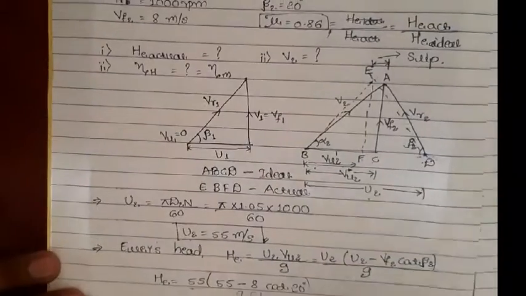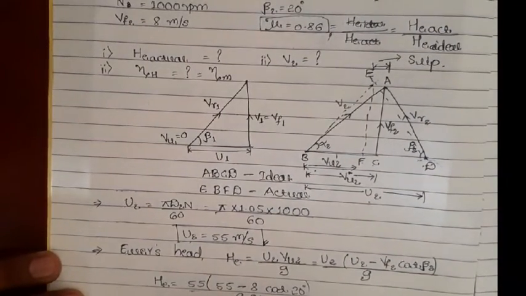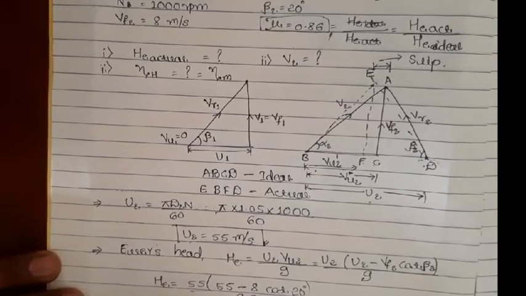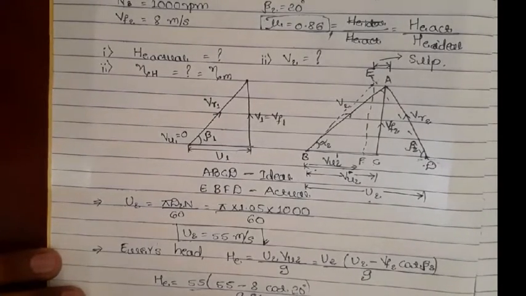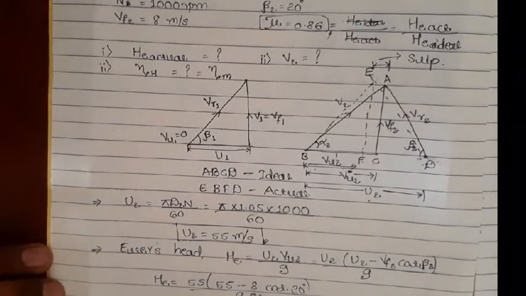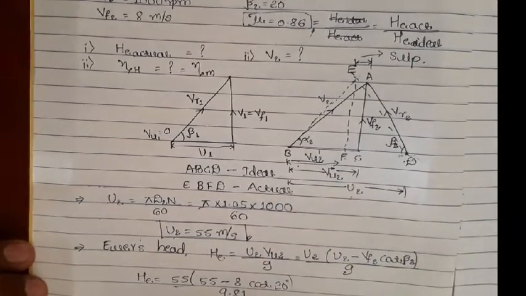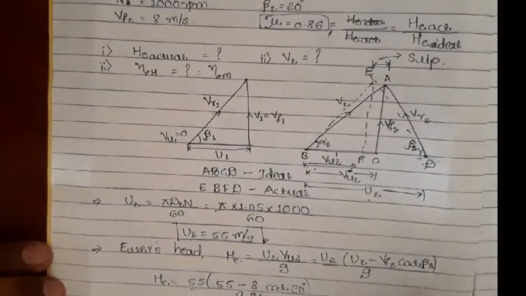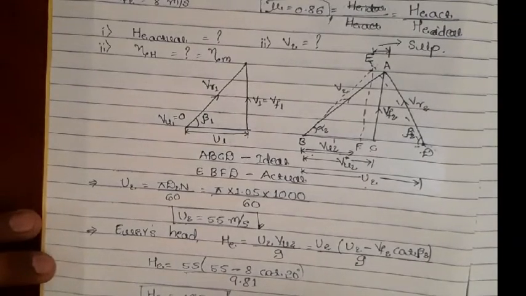Upon calculation, Euler's head will be 185 meter. Now what is this Euler's head? This is calculated for the Vu2, not the reduced value, so this is the ideal Euler's head.